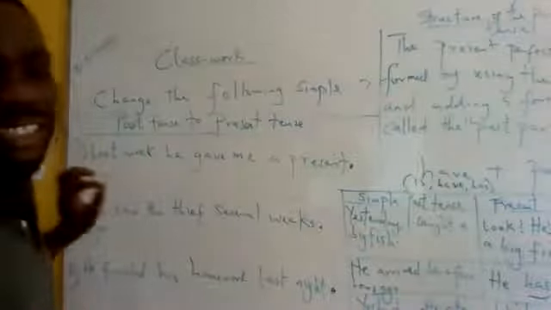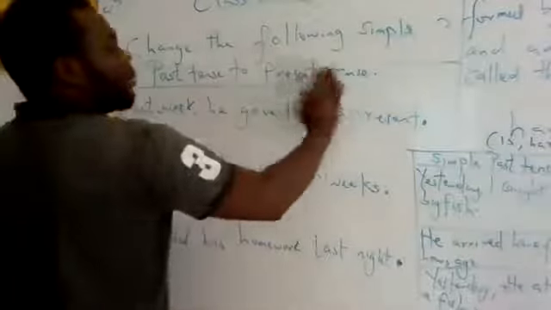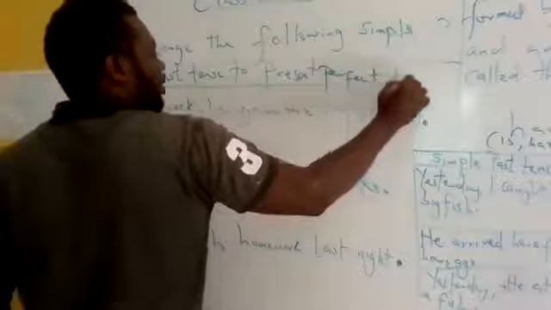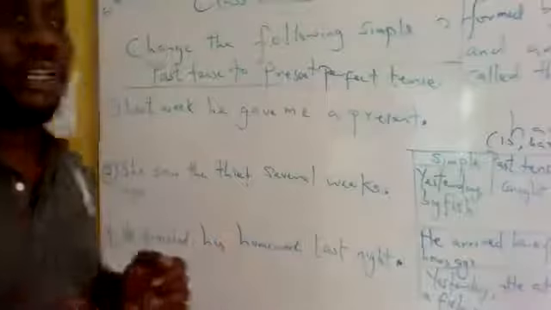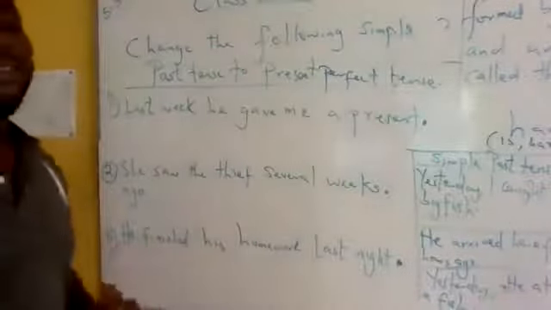Now, all of these three sentences are in the simple past tense. So we are expected to give the present perfect tense. Now let's not forget, the present perfect tense has a simple formula to make use of has or have with what? The past participle.